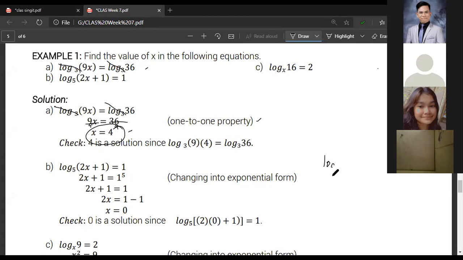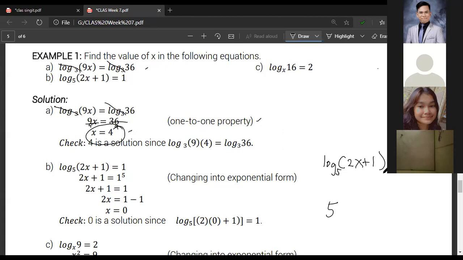So logarithm of 2x plus 1 equals 1. Ano yung base? 5. Okay, rewrite natin. Ito yung equation natin: logarithm of 2x plus 1 with the base 5 equals 1.